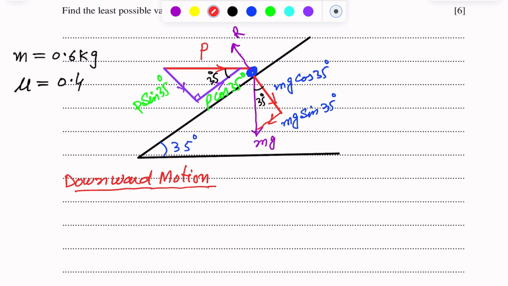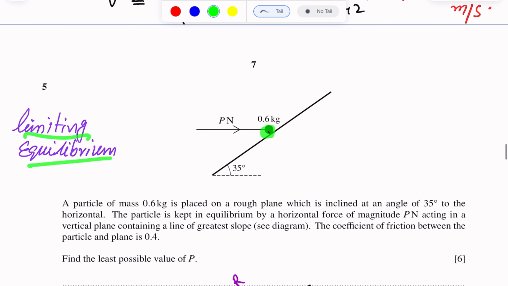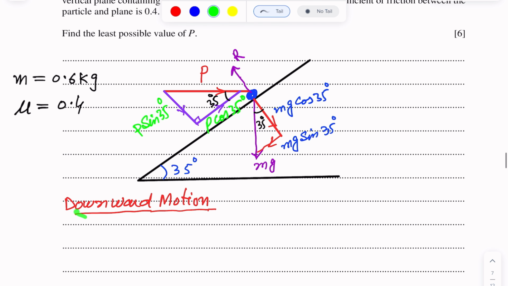It is just limiting equilibrium, meaning this particle is just about to slip up or just about to slip down, but since we have to find the least value of P, we will consider the tendency to movement downward.